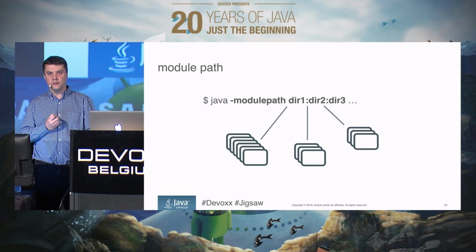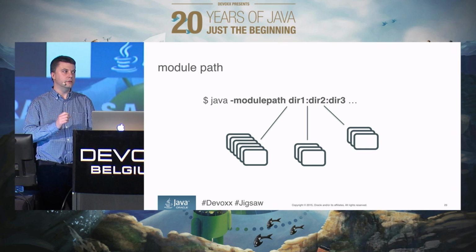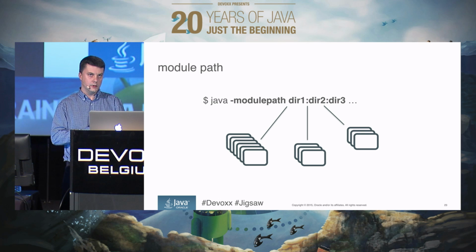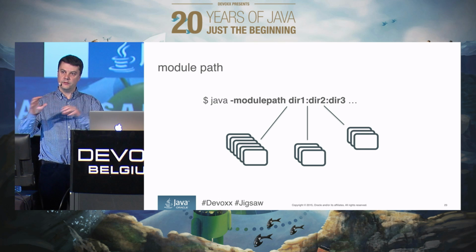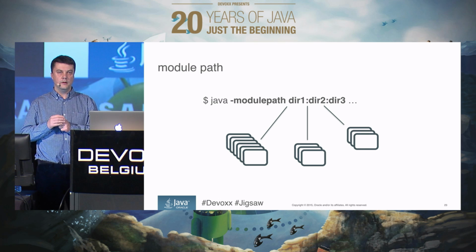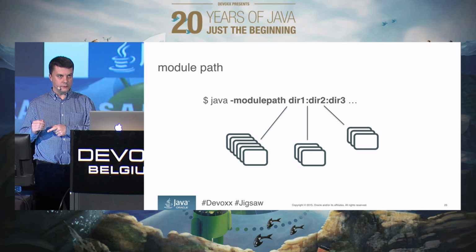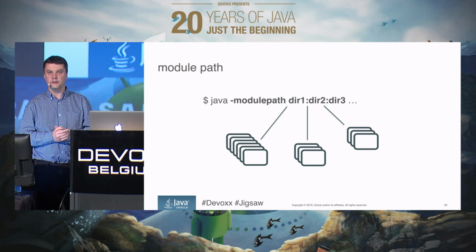With the module path, you're always giving it a sequence of directories. And in each of those directories are modules. Those modules may be exploded on the file system, like for the previous compilation where I went from source to .class files, or they may be packaged modules. I will go through packaging of modules in a few slides' time.